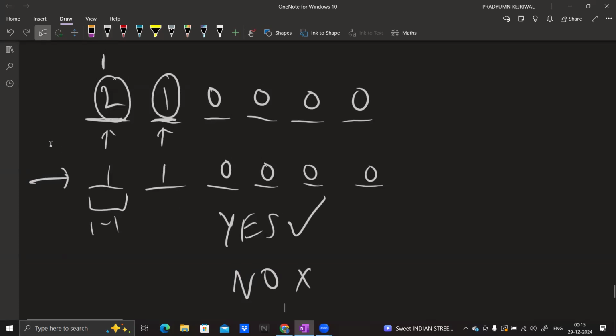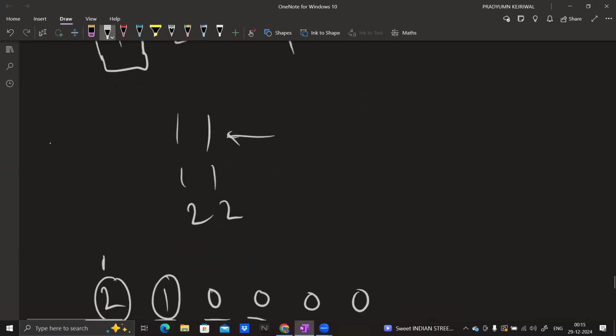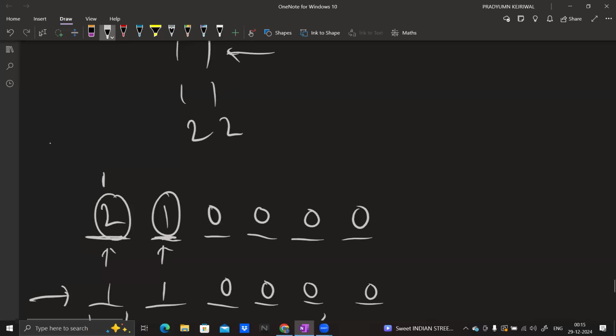Because let's say we have this 1 1 1 1 and 2 2. So here 1 appears two times. If I want to check for this 1 1, then the answer is no, right? Because there are two elements which want to appear in one.